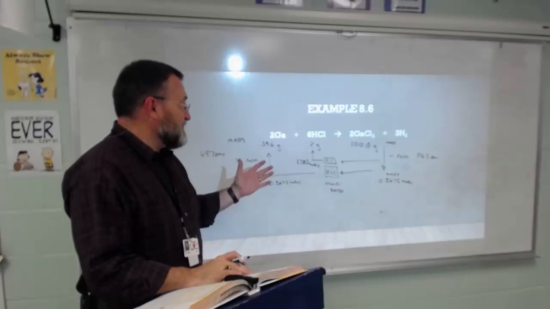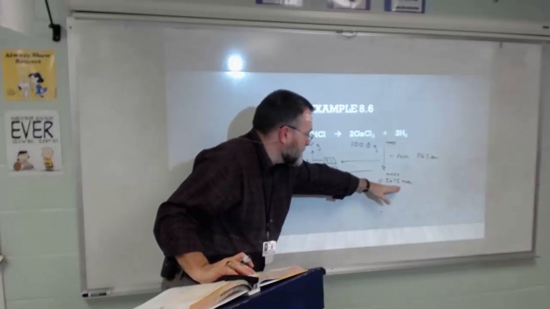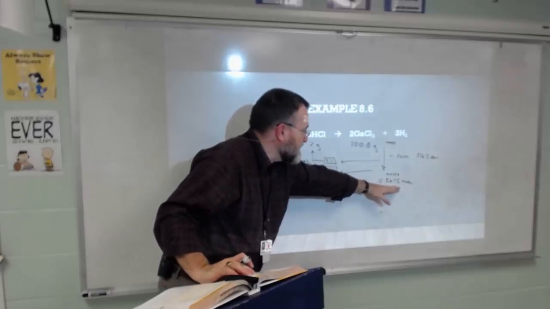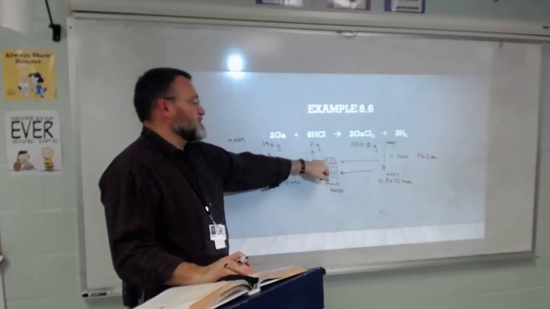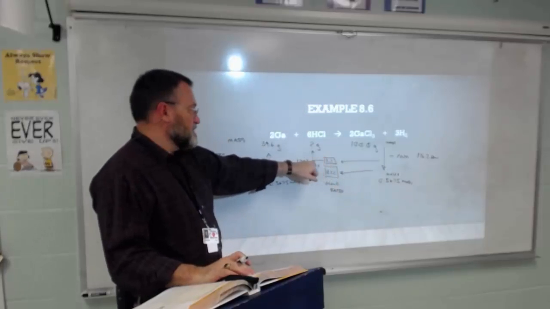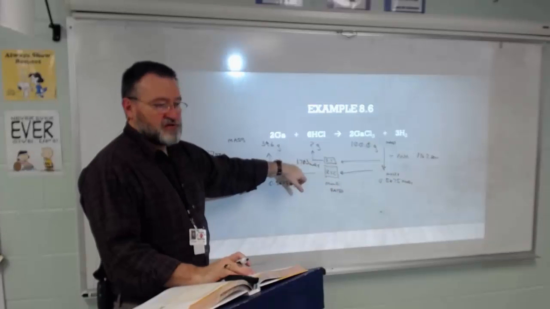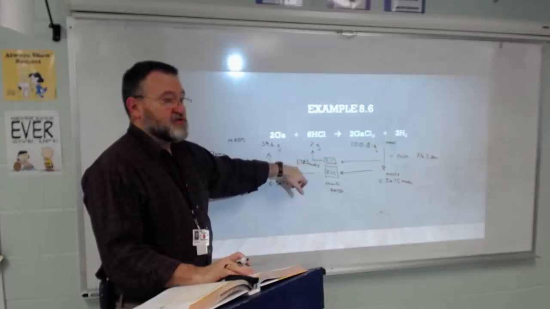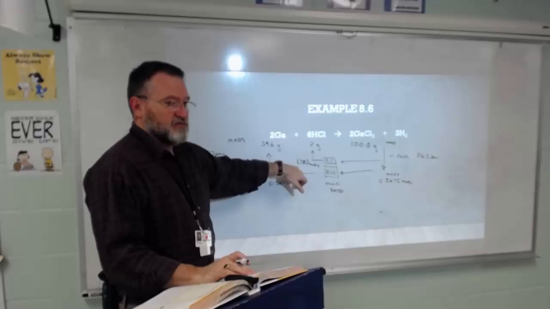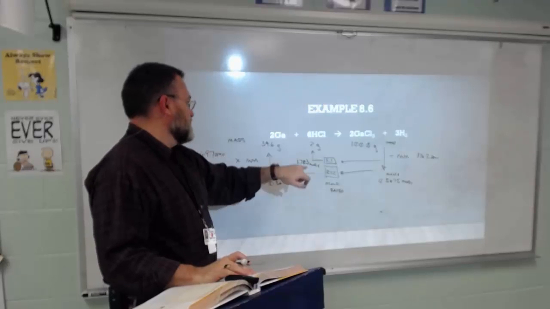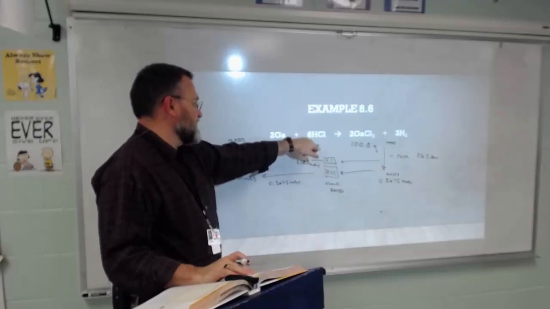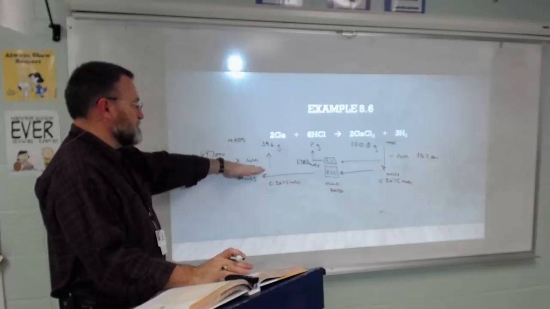I get that because I need to produce 0.5675 times a mole ratio of 3 to 1, which gives me 1.703 moles. But I was not asked to solve for moles, I was asked to solve for grams. So I need to move from moles to grams, and I do that by multiplying by the molar mass.